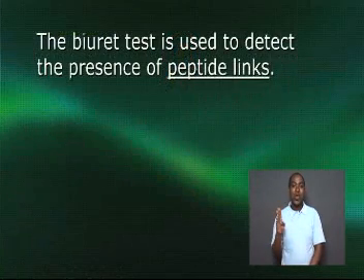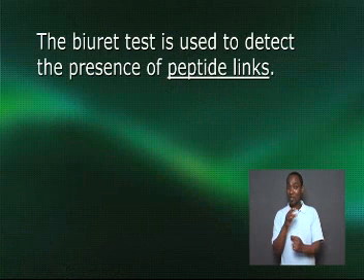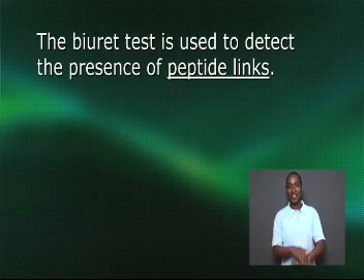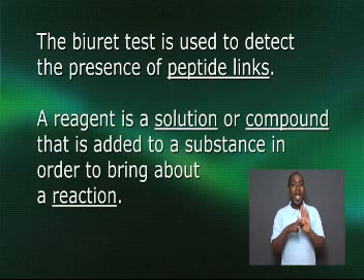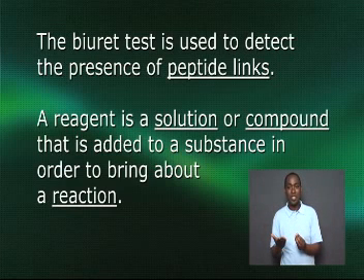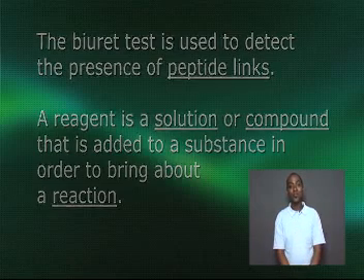The Biuret test is used to detect the presence of peptide links. A reagent is a solution or compound that is added to a substance in order to bring about a reaction.